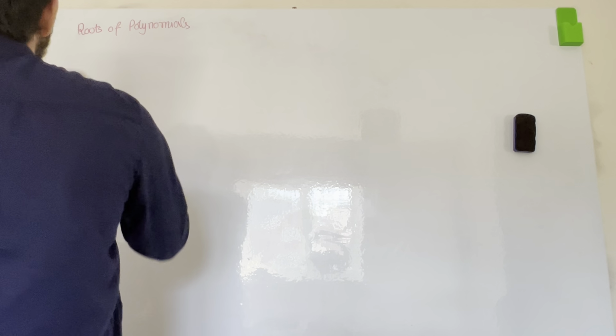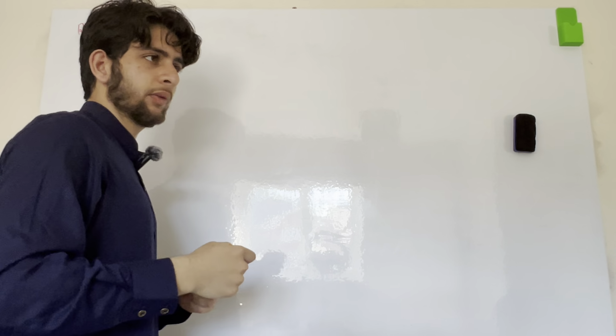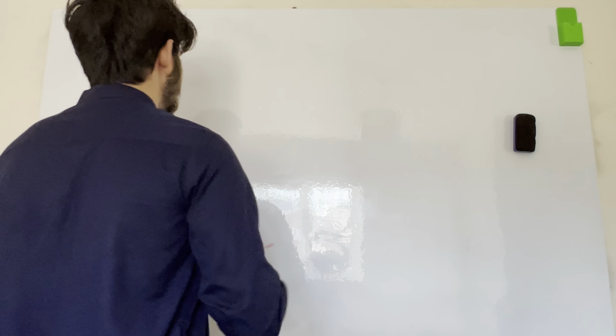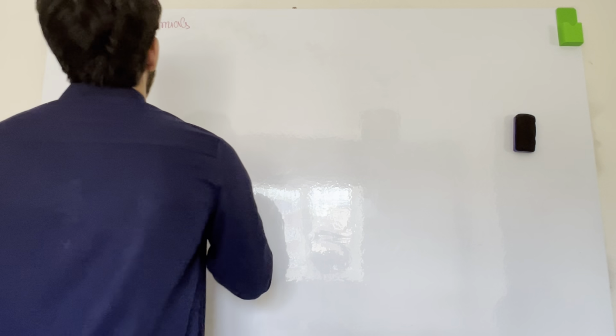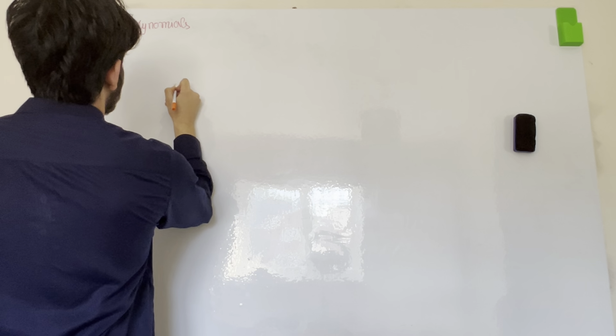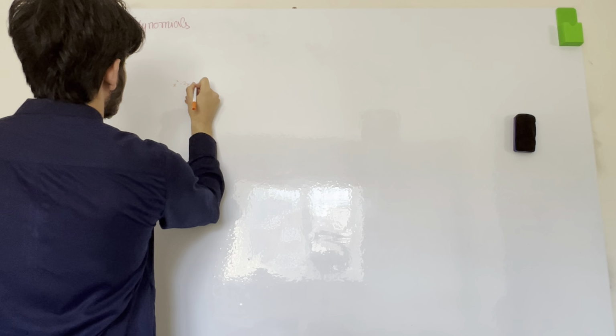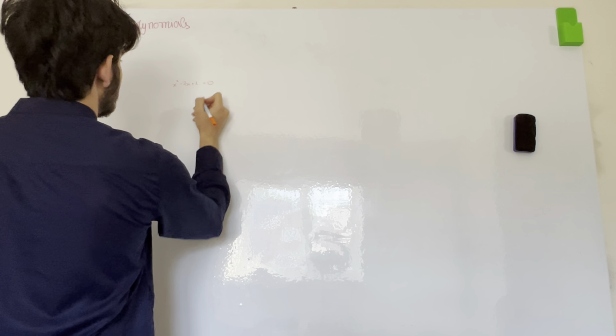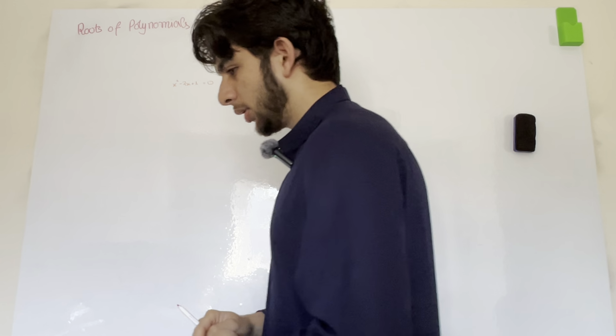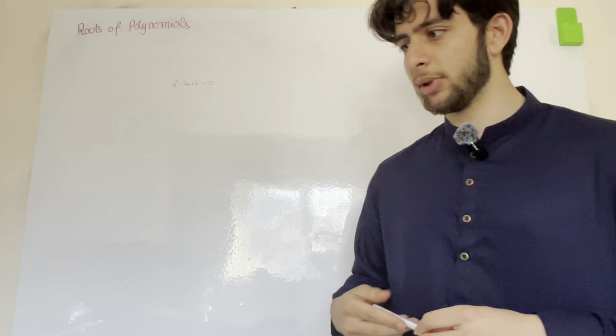Now suppose we have a very simple polynomial. We have a quadratic, which you would have encountered in Key Stage 3, Key Stage 4, and also in your A-levels. So let's take a very simple quadratic, x squared minus 2x plus 1, which equals 0. Now this quadratic will have solution x equals 1, as you can very clearly see.